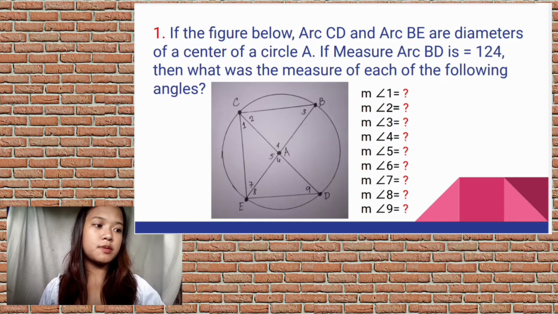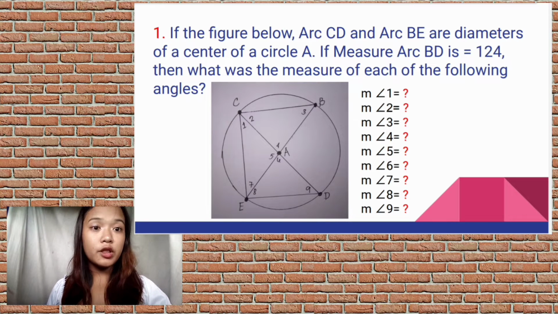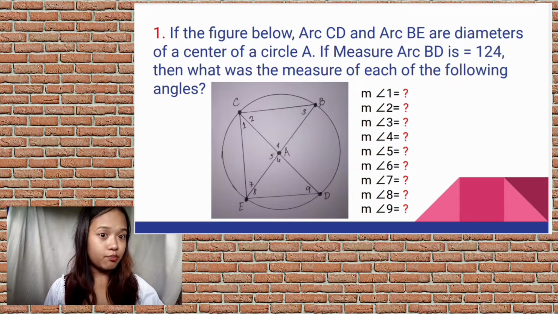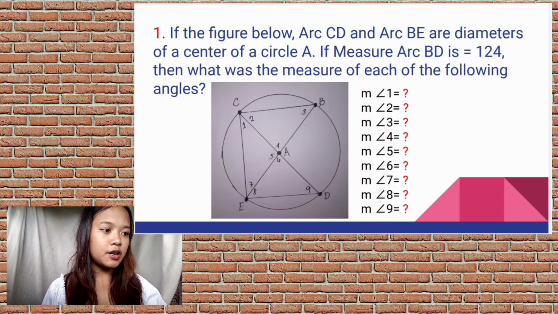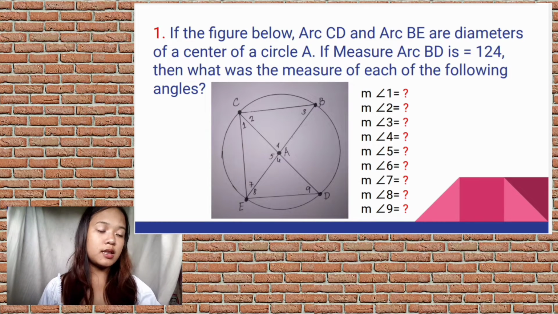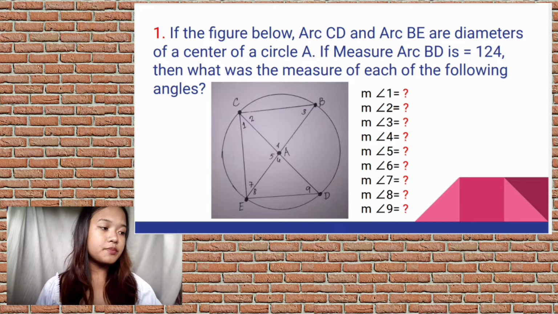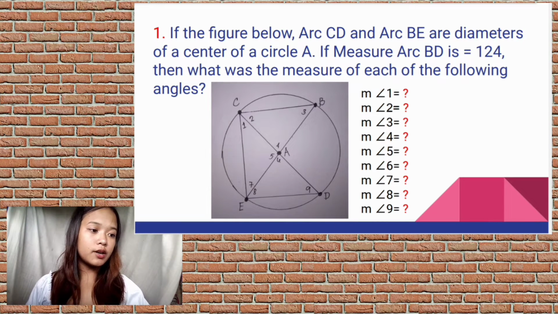So arc CB is 56 because 180 degrees minus 124 degrees equals 56. So the same, arc ED has 56 degrees. Then arc CE has the same measure of 56. Then we can get angle 4 right away because it is at the center of the circle, so it is equal to 56.